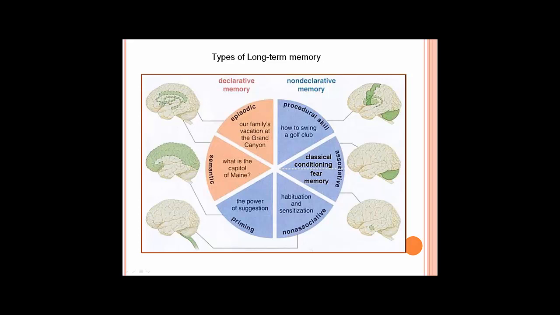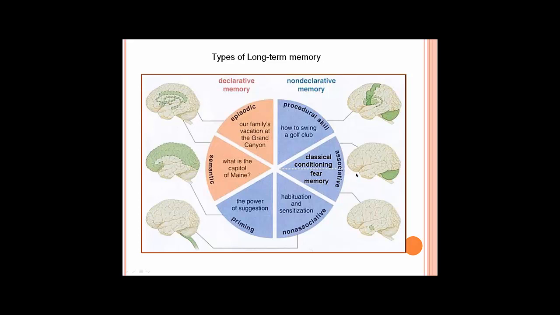And then we have also under non-declarative memories, classical conditioning. Remember we talked about that? You're not aware of it. If you smell something and you're hungry and all of a sudden your mouth starts to water, you didn't cause that to happen. It's classical conditioning. Then there's also fear memories. If you have fear of something, and this is something we run into in psychotherapy a lot.